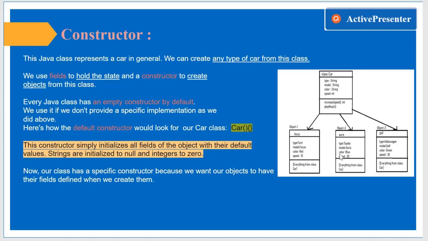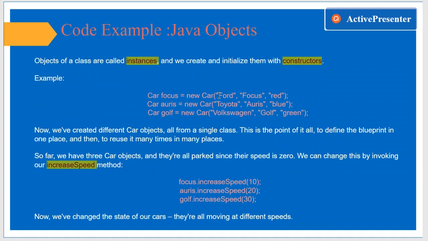Type, model, color, and speed are there. Car Aris, new car, type Toyota, model Aris, color blue, and car golf, this is the third object, new car.